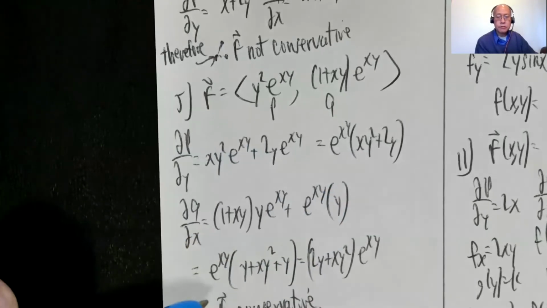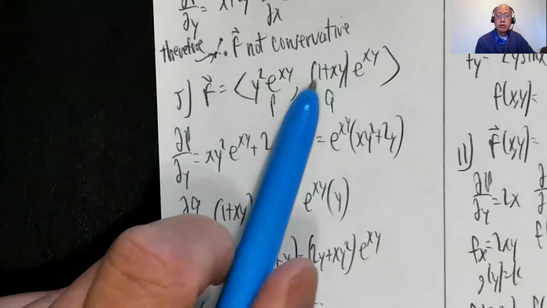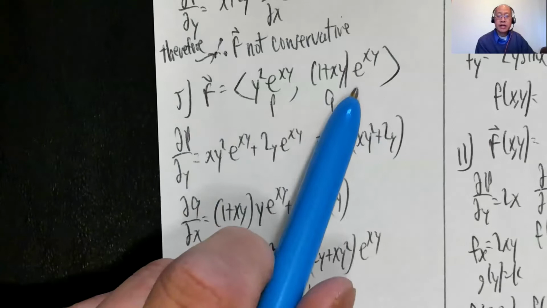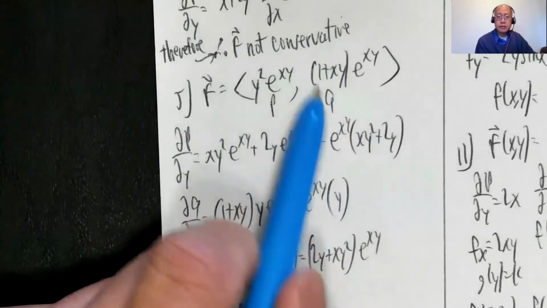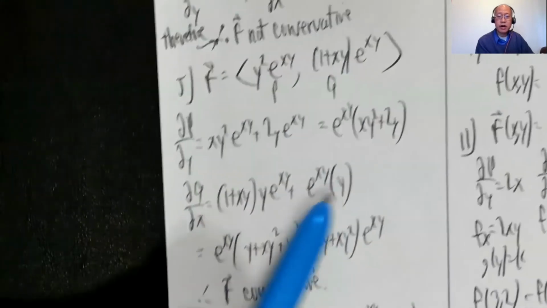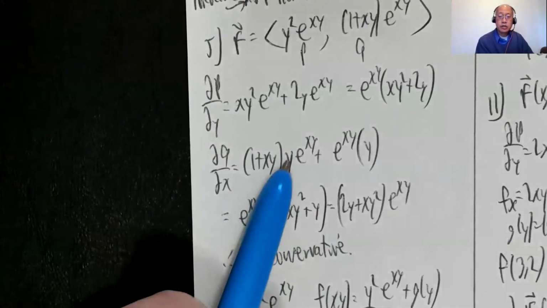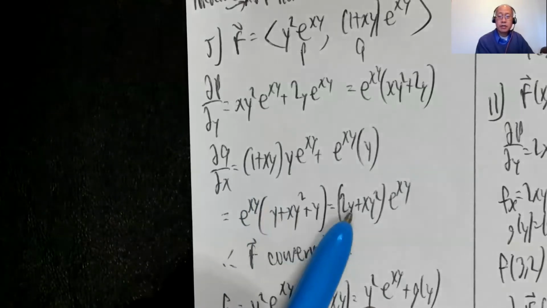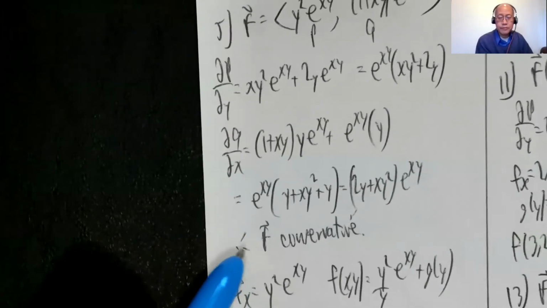What's the partial of Q with respect to x? Product rule. First times the derivative of the second with respect to x, (1 + xy) e to the xy times y, plus the second e to the xy times the derivative of the first with respect to x is y. A little bit of cleanup, e to the xy, distribute y: (y + xy squared + y), or (2y + xy squared) e to the xy. They are equal, therefore F is conservative.